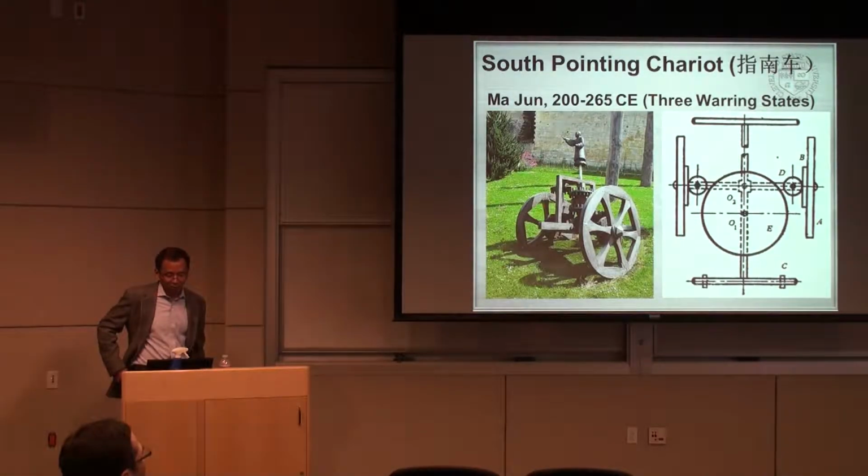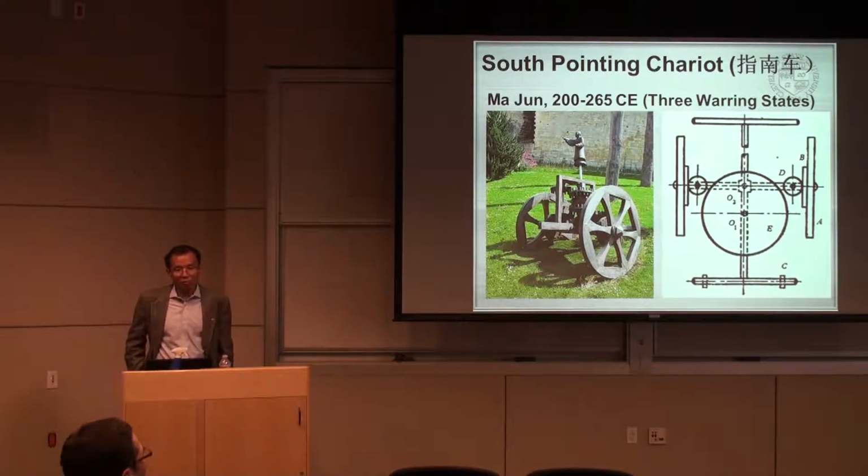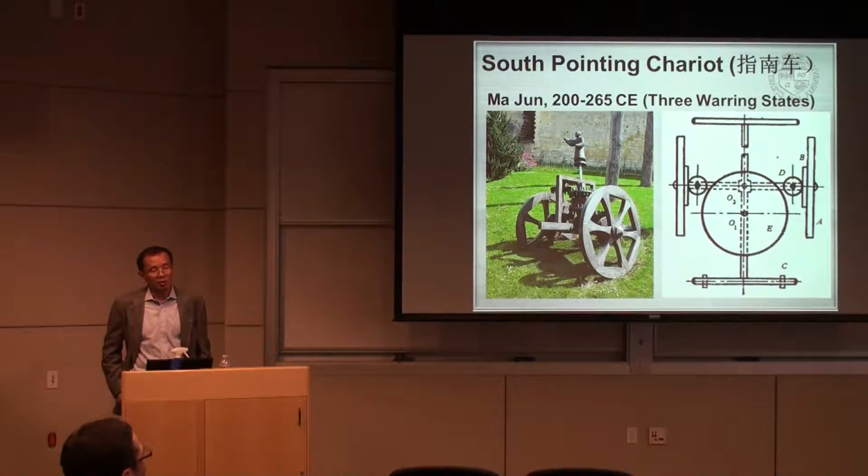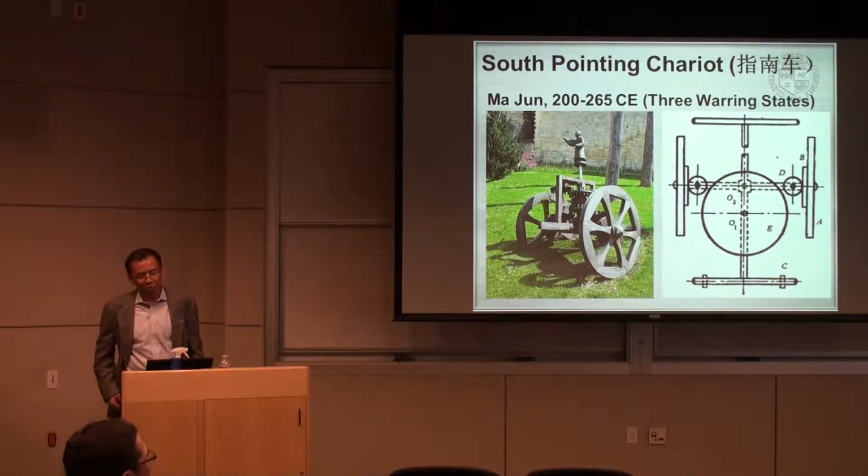The south-pointing chariot goes back to the very beginning of Chinese culture. This was attributed to Emperor Huangdi, around 2700 BC, although there was no written record back then. The first written record goes back to 200 CE, in the era of the Three Kingdoms.